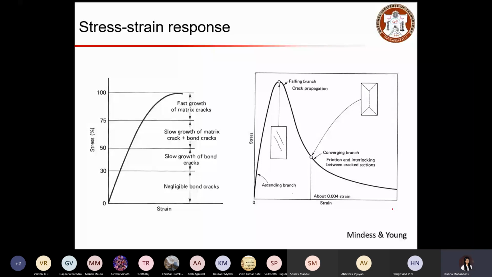So you have this plot here, on the left side, that shows the stress strain response of concrete.